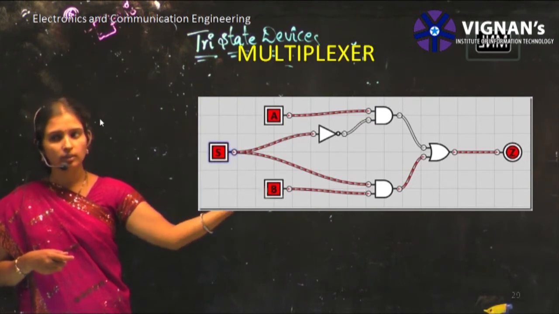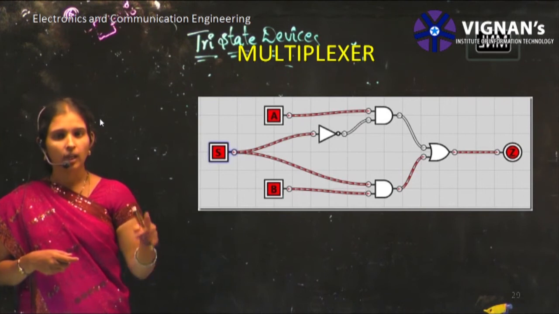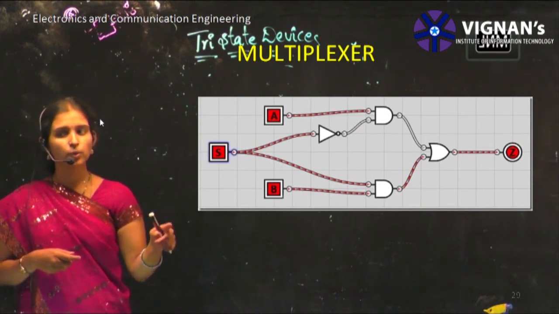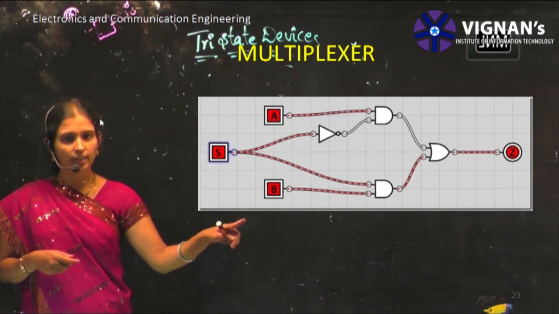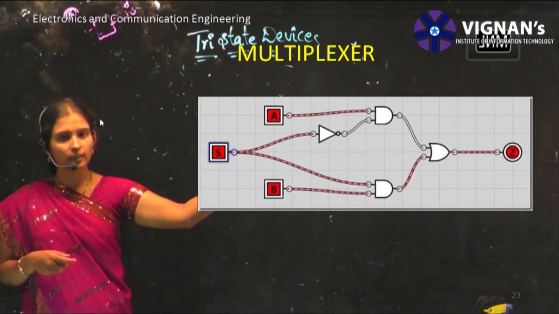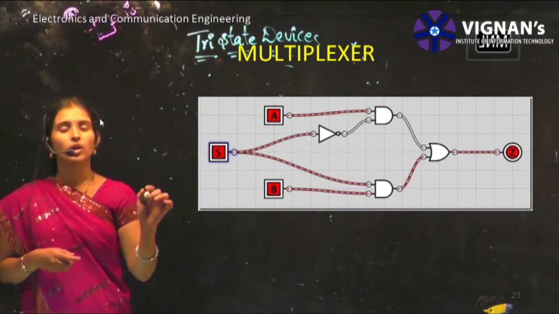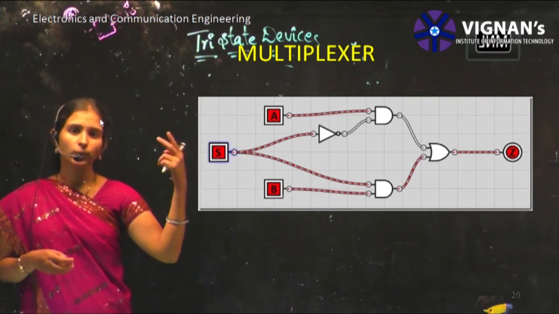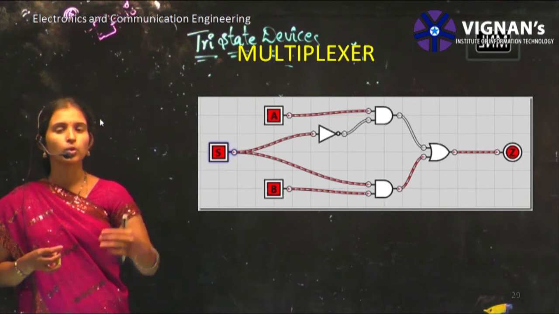Again, if B input is 1 and at the same time the selection input is 1, this AND gate will be in on condition, and that will be providing 1, so output will be 1. So depending upon your selection lines, you can activate A input as your output, or you can activate B input as your output.